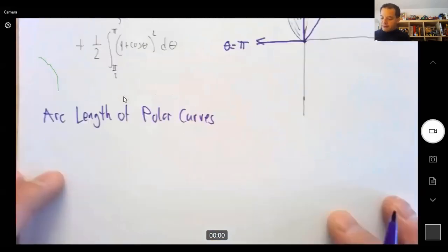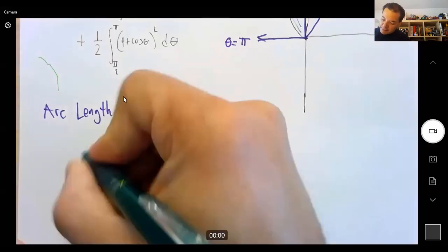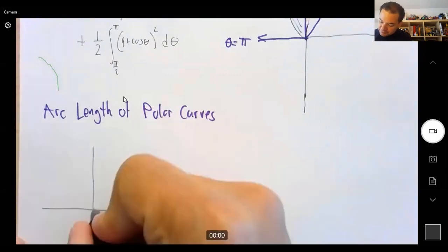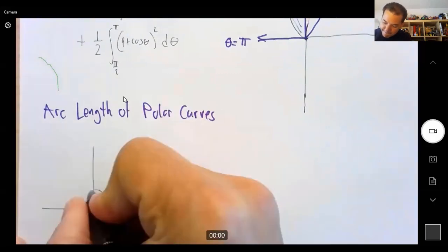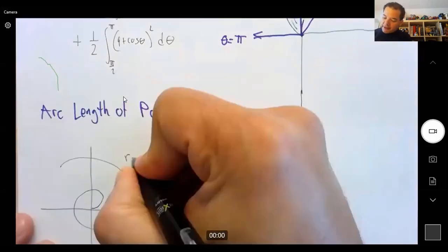Specifically, if we get a curve that is given by, say, one of these nice spirals, given by a polar equation, some r equals f of theta.